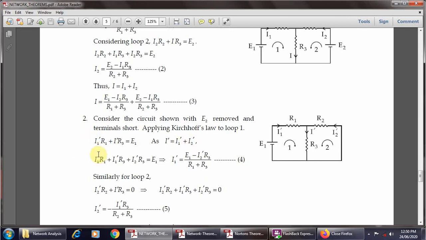Then we substitute this equation here. I1 dash R1 plus I1 dash R3 plus I2 dash R3 is equal to E1.